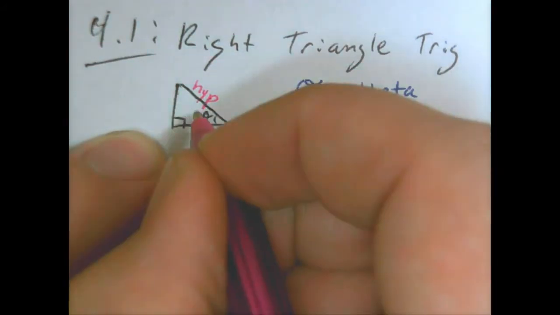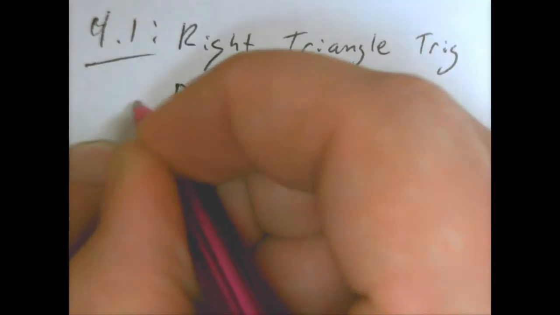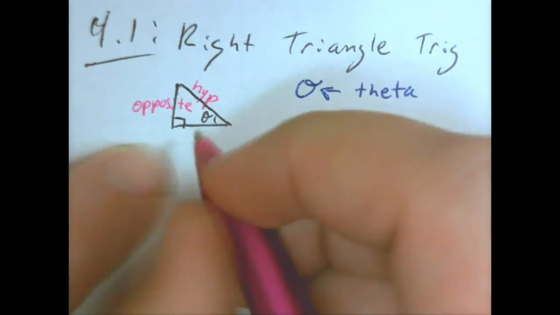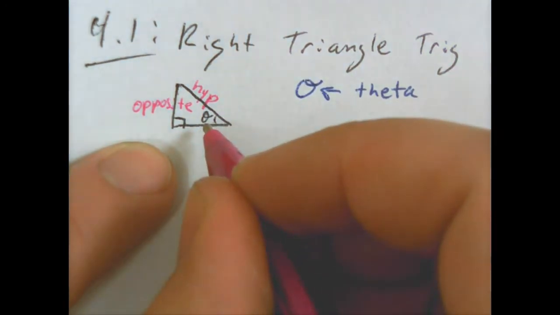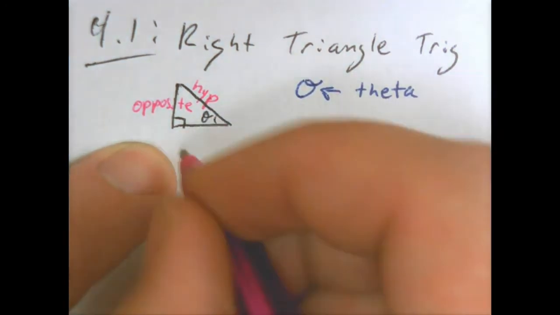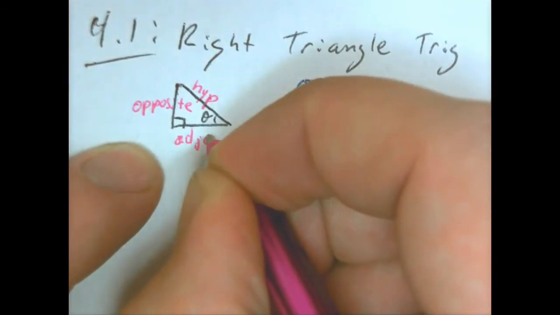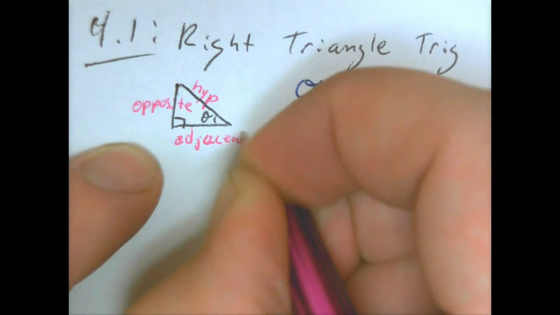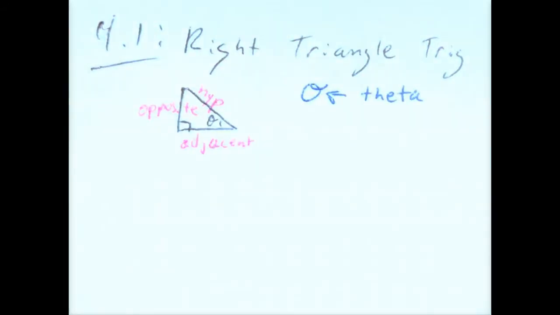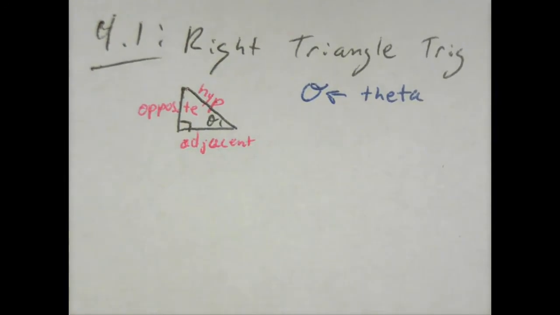We have the side across from the angle, which is the side opposite, and then the side right next to it, touching the angle but not the hypotenuse, is called the adjacent side. And we have trig functions that talk about the ratios of the sides, and they are called these.